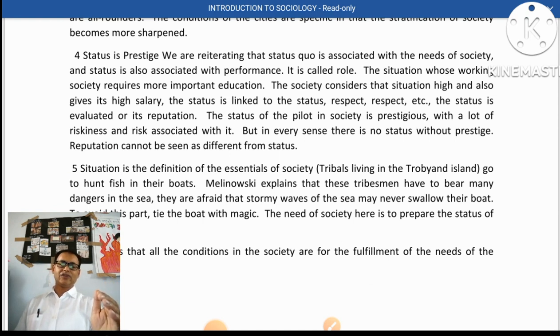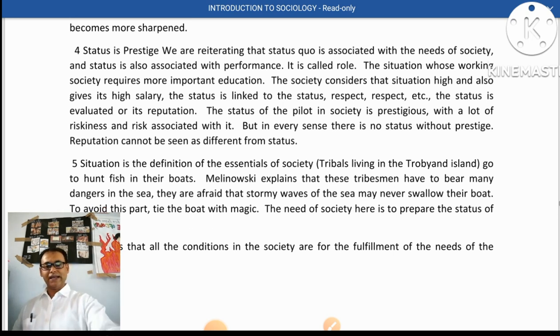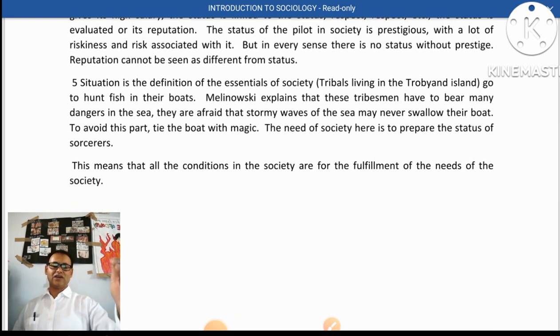The status is associated with the need of society, and a status is also associated with performance. It is called role. Without role, a status has no meaning. We can say there are two aspects of a coin, status and role. A status is a definition of the essentials of society.